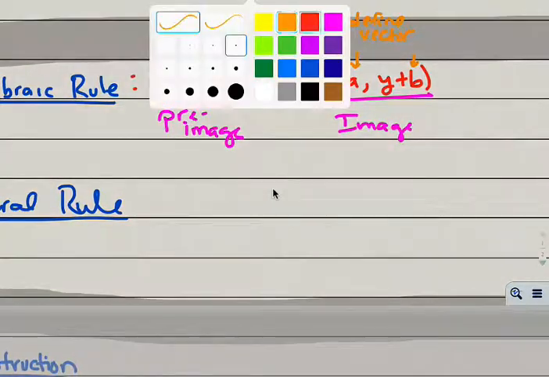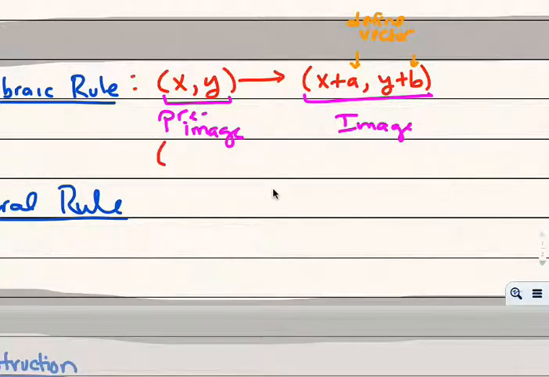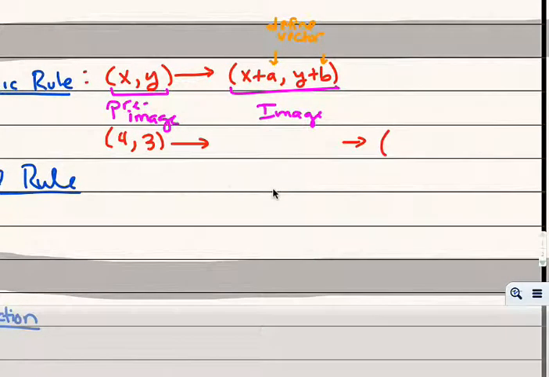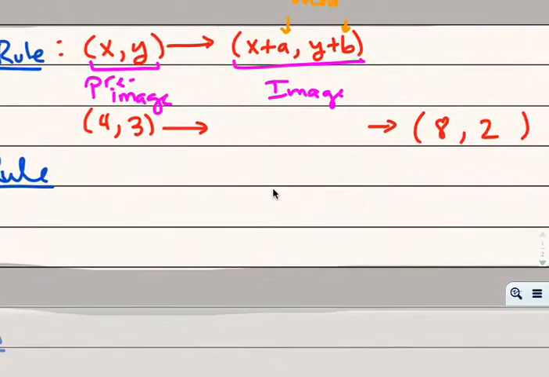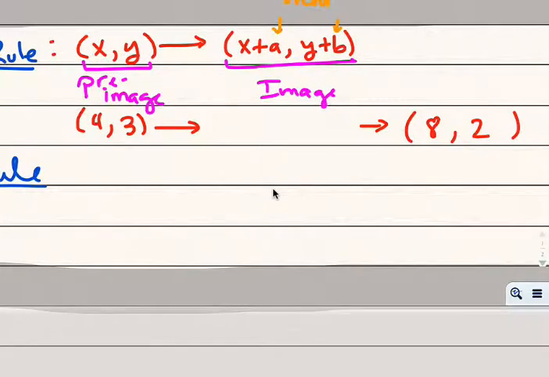So what I mean is something like this. If I have this pre-image, let's call it 4, 3, and I take it to, I'm just going to kick it all the way over here, this new image, and call it 8, 2. Well, if you think about the transformation that has to take place in the middle, we took our x value, 4, and we added 4 to it.